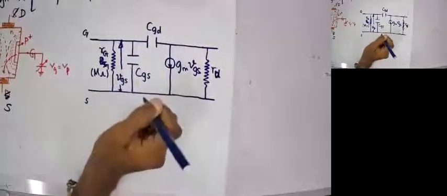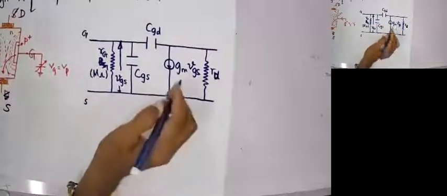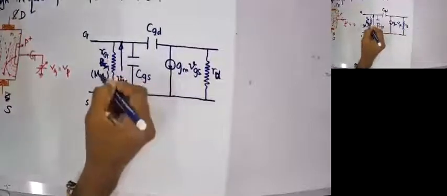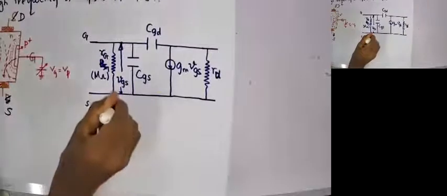This is the capacitance induced between source and gate. Here I have a resistance. When we are solving or doing examples, of course we can neglect this Rg as it has very high values, right? So now this is the equivalent circuit.